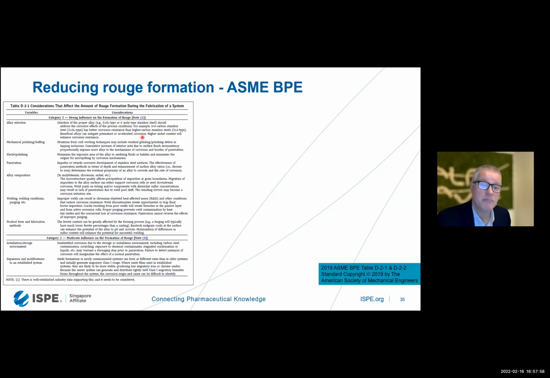And they maybe are a little bit too positive about super alloy steel or 6 moly type stainless steel like AL6XN. What they mainly talk about here is the corrosive effects with the higher nickel content. But we haven't really seen that, so I'm not 100% in agreement with ASME BPE here.